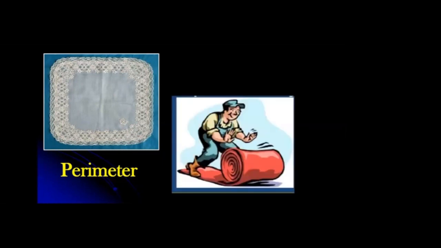And the second example was of carpet flooring. If we want to do carpet flooring on the floor, we must know the exact area of the floor, and that is known as the area. So these were the two examples of perimeter and area.